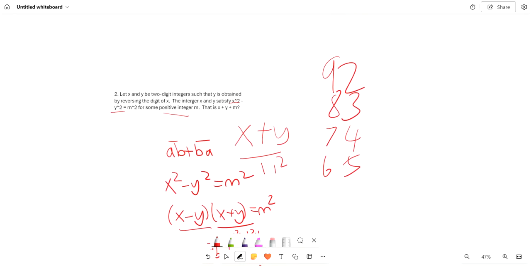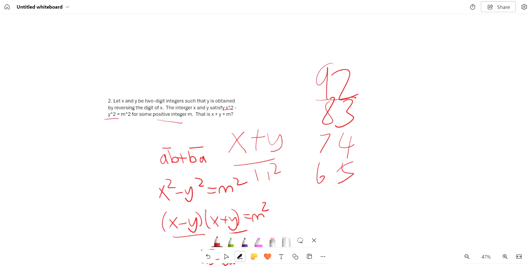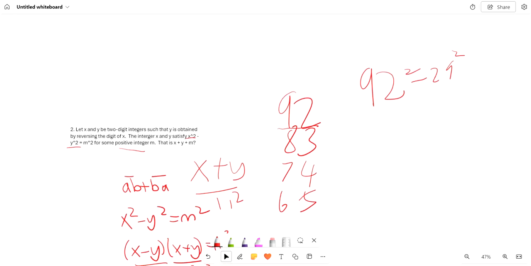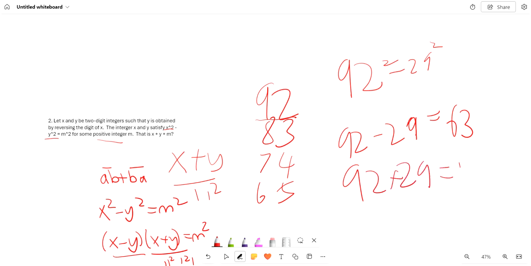For whatever integer we have, take 92 squared minus 29 squared, for example. Then 92 minus 29 equals 63, which is divisible by 9, and 92 plus 29 is 121.